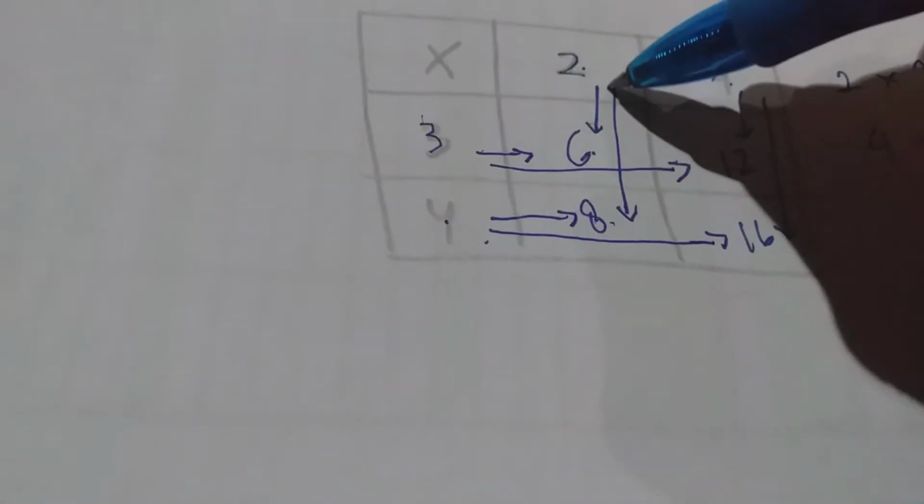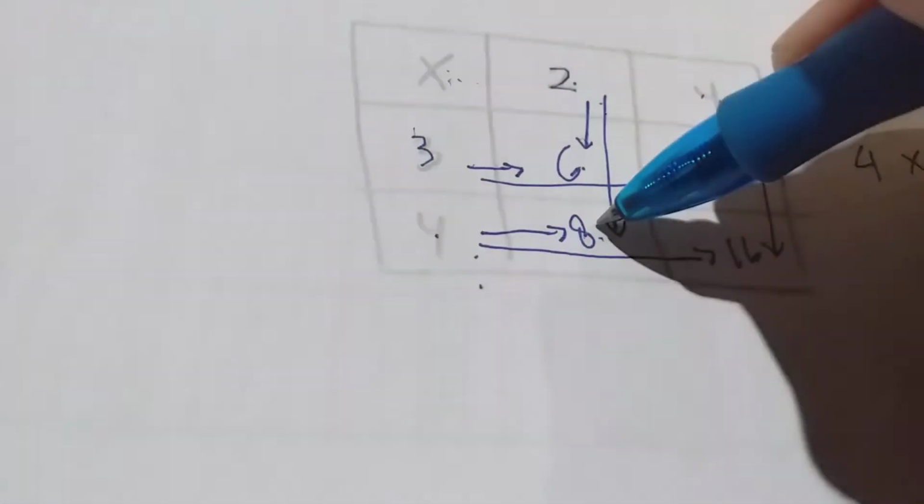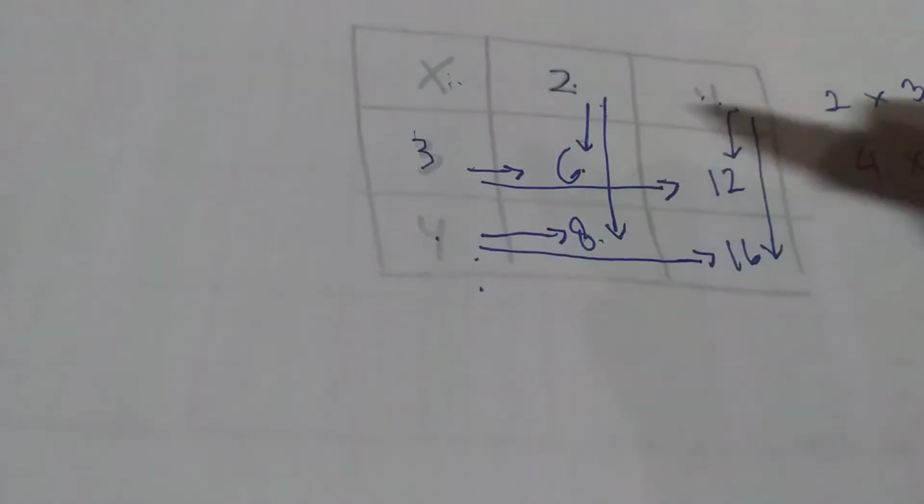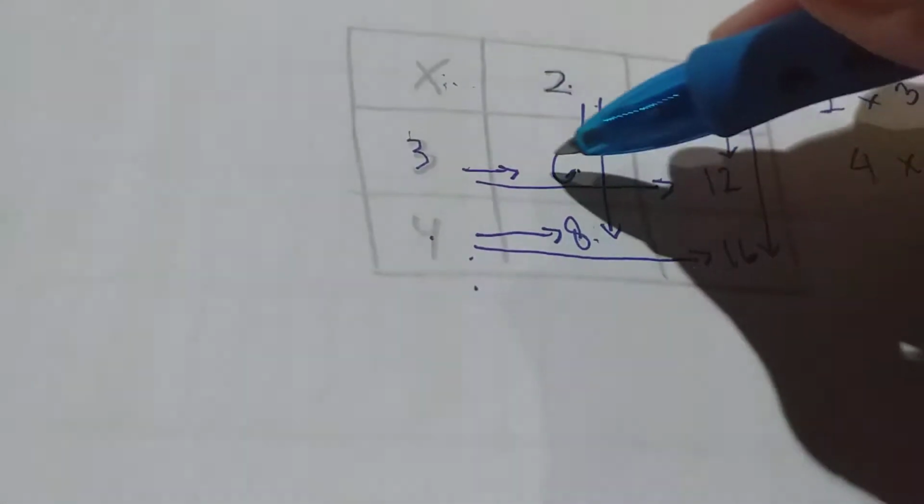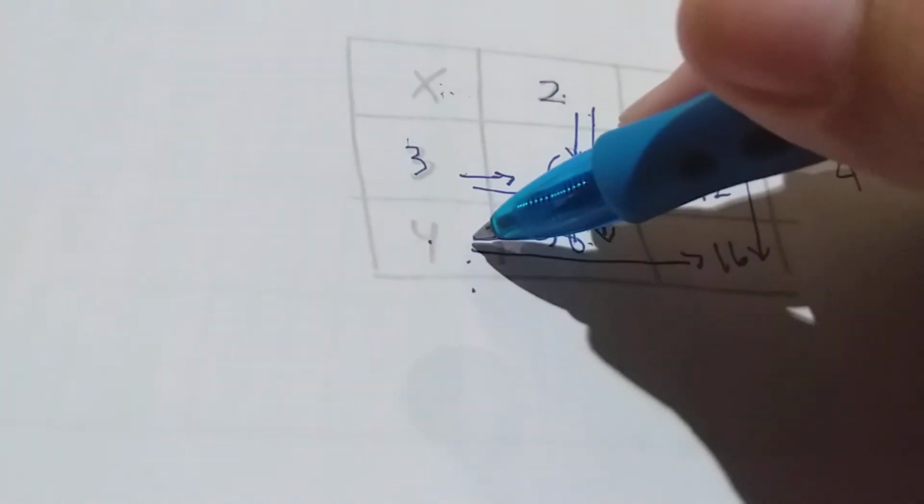Remember, you have to times the number in this column with the number in this column. It's not like you multiply the number right here with the number right here, okay? This with this. So that is for the question of number 2.